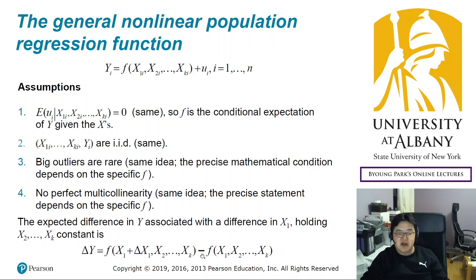Delta y is obtained by the difference between before the change and after the change, everything else being the same. So x2 through xk are held fixed, but x1 before becomes x1 plus delta x1 after. Their difference will be the expected effect of x1 on y. Exactly, this is an extension of the linear slope. We will discuss examples of these nonlinear functions and how we interpret the slope, the marginal effect, in the next video.